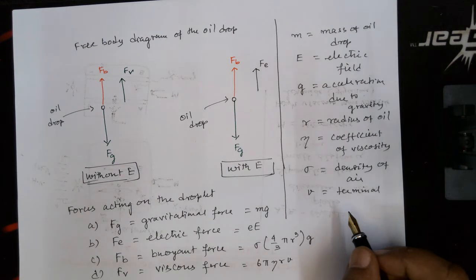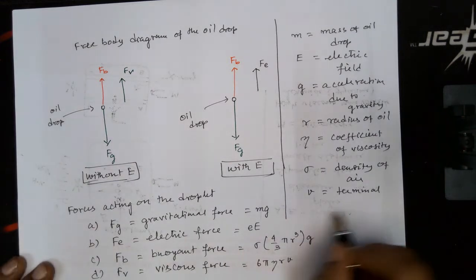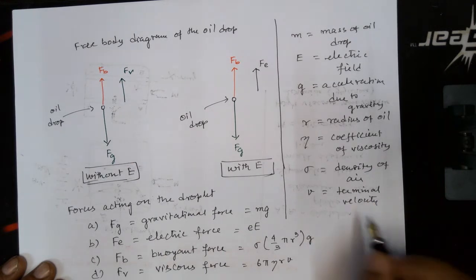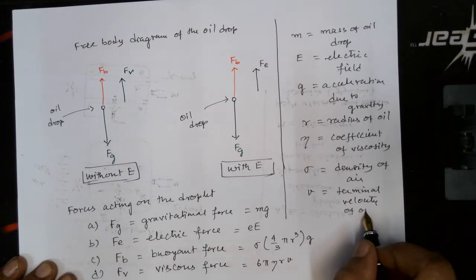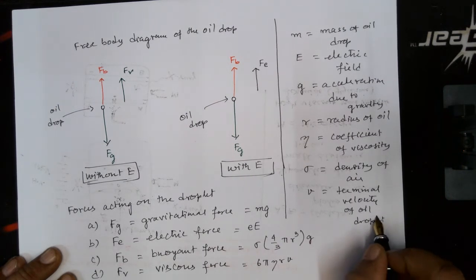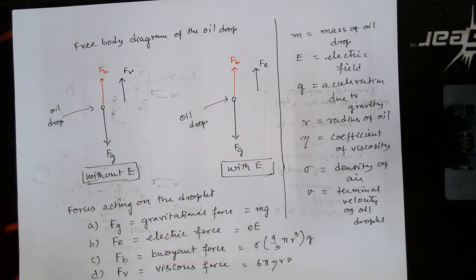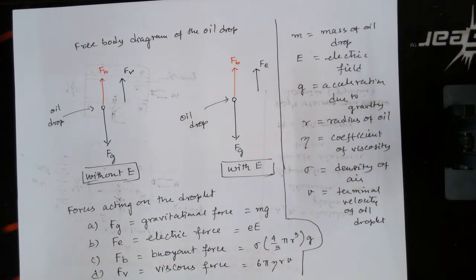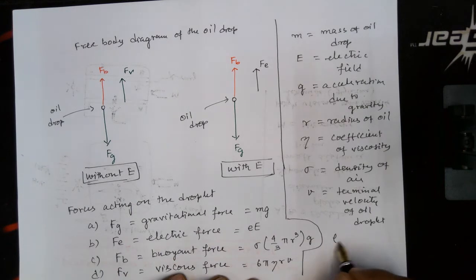That is the constant velocity achieved by the oil droplet. Rho is the density of oil.